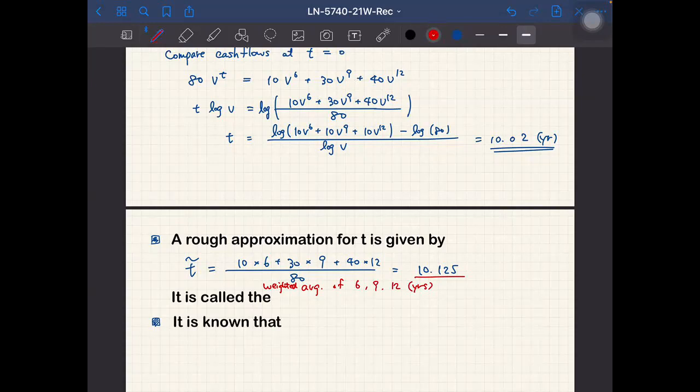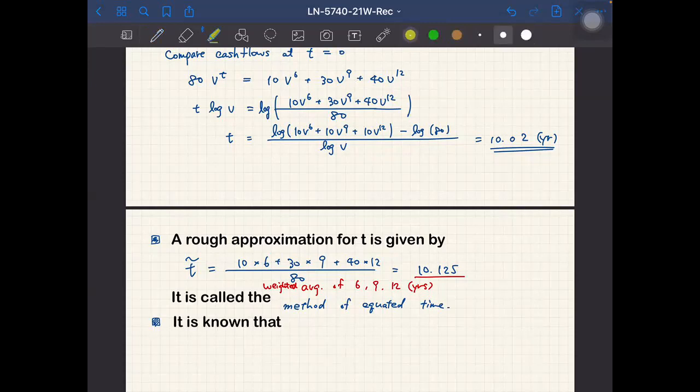This method of approximation is called the method of equated time. These days we have a computer anywhere, so you don't really need approximation.